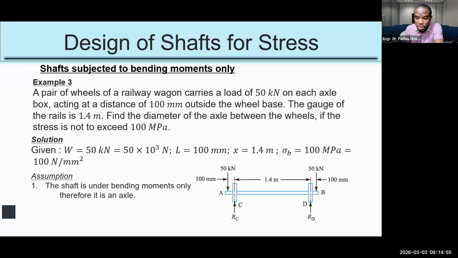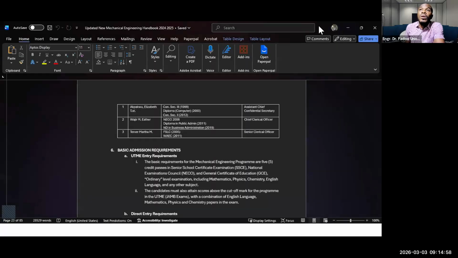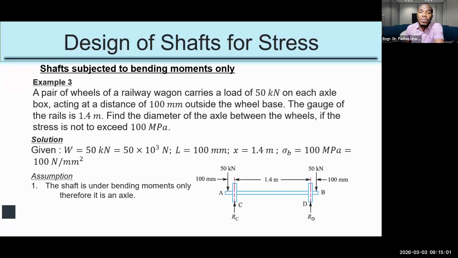Looks like I saved that to the cloud. Oh, we just start afresh. But I drew the free body diagram. I think I did.